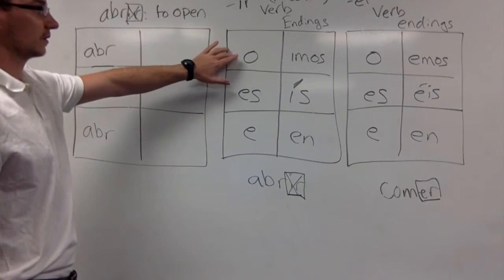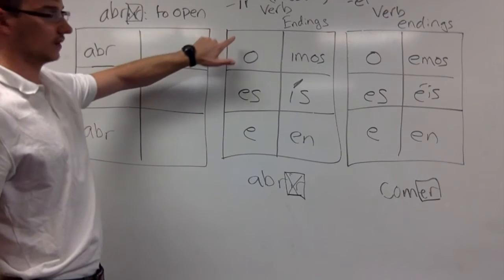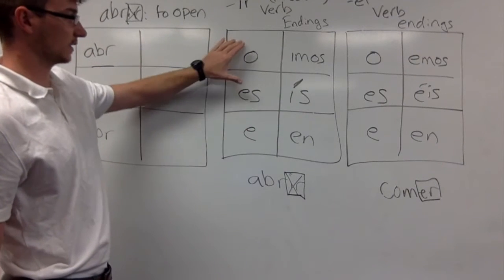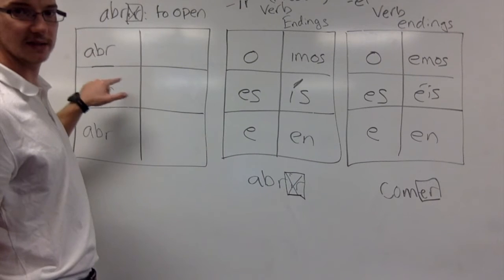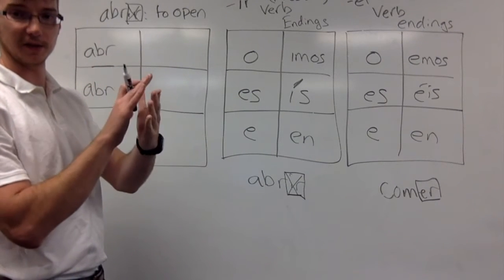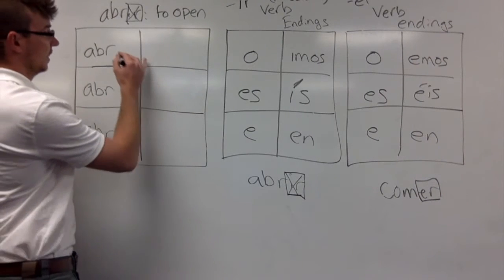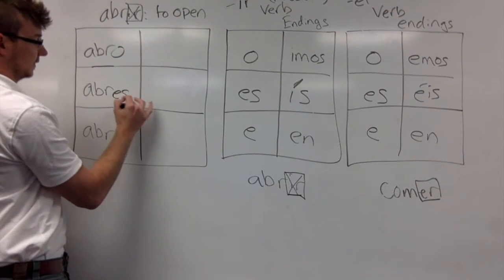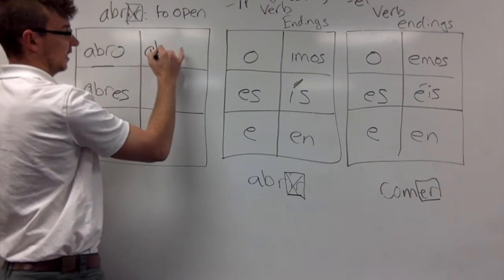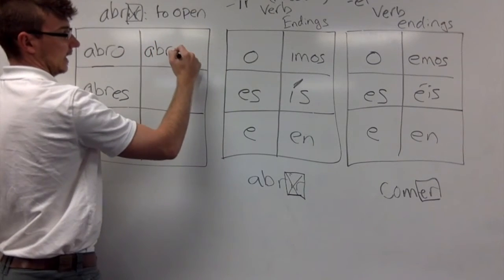Now notice IR verb endings for the present tense. It's O, ACE, A, EMOS, ES, N. What I do is I take each verb ending, connect the boxes, and put those verb endings and the stems together. So let's do that. Abro, abres, abre. Moving on to nosotros. Take my stem, ABR, add the IMOS.